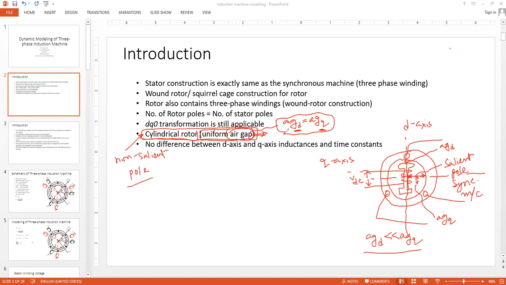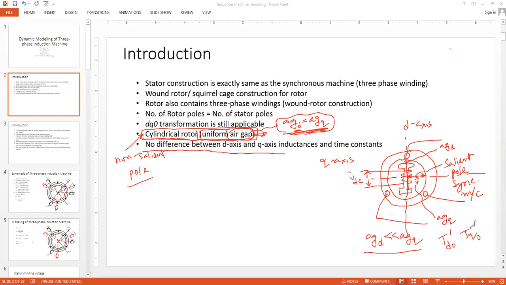And accordingly, because of this relationship, we can conclude that there's no difference between the d-axis inductance and time constants and the q-axis inductance and time constants. If you remember, in case of the synchronous machine, we talked about Td dash.